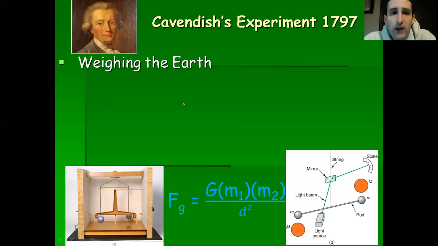His goal was to weigh the Earth, to find out what the mass or weight of the Earth was. And that was a very interesting question, right? There were a lot of questions out there about what the Earth was made of. We understood the Earth was very large. We understood that the Earth was a sphere, but what was inside?